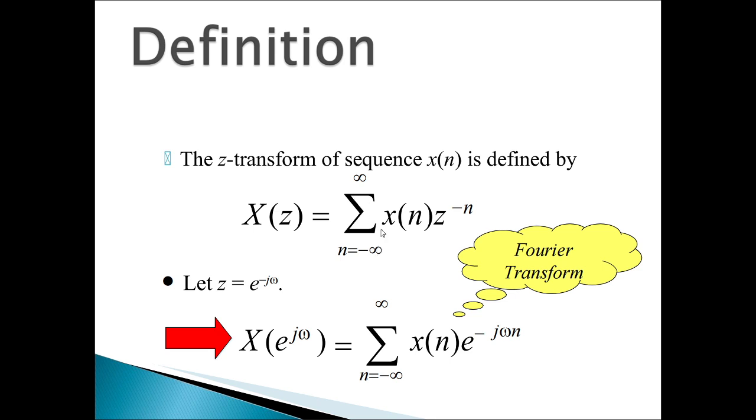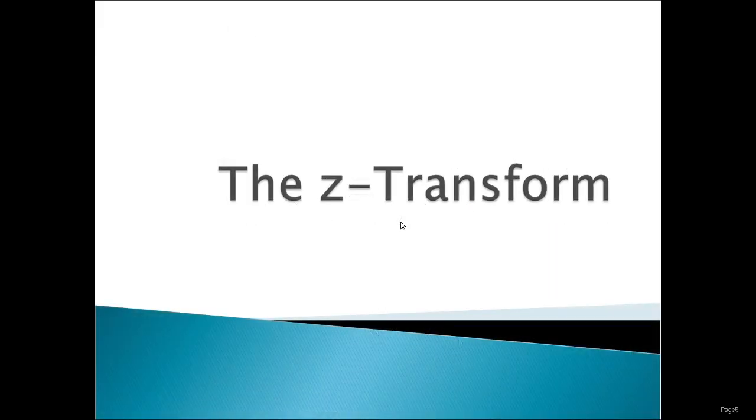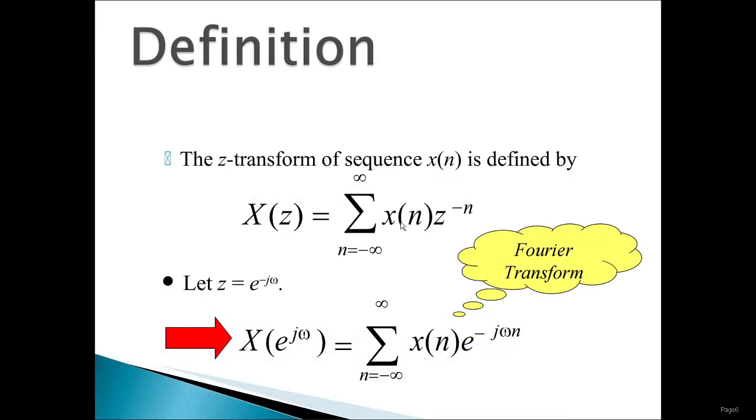Sigma n equals minus infinity to plus infinity x of n into z to the power of minus n. Whereas in case of the Fourier transform, what we have? Integral minus infinity to plus infinity x of t into e to the power of minus j omega t dt. In case of the Laplace transform, what we have?